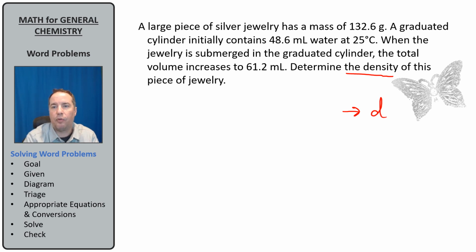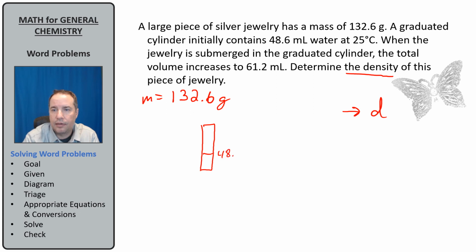Well, what do we start with? Well, we start with 132.6 grams. This is a mass. What else do we know? Well, we know that we had a graduated cylinder at 48.6. We added in this butterfly piece of jewelry.